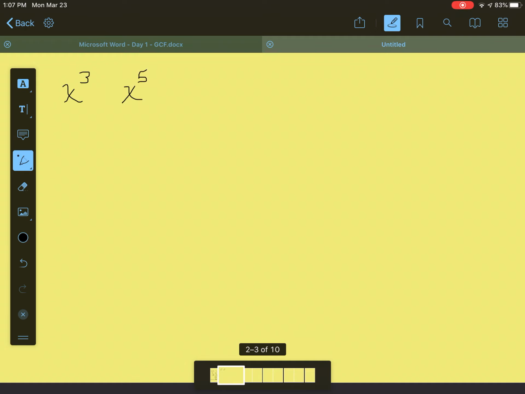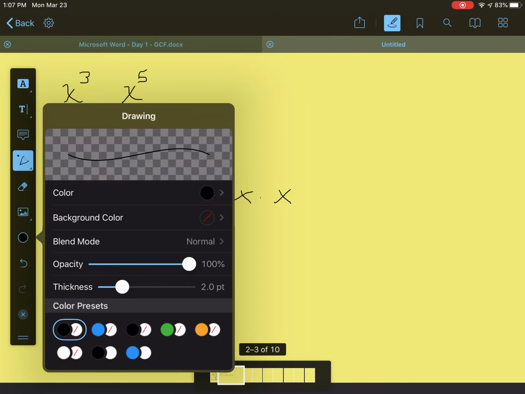If you think about what x cubed actually means, x cubed is equal to x times x times x. Now x to the fifth is equal to x times x times x times x times x. If we think about what these two monomials have in common, let me change my color here.